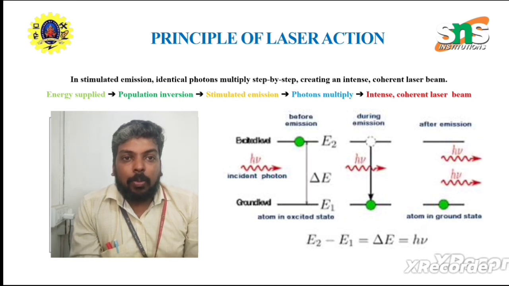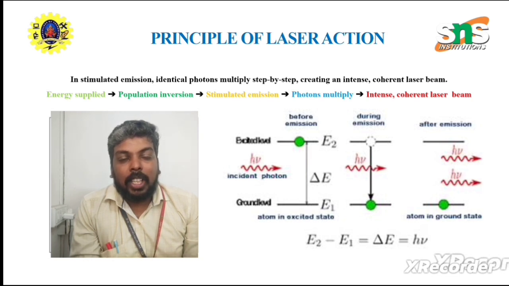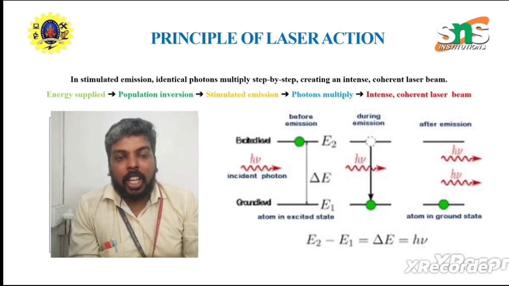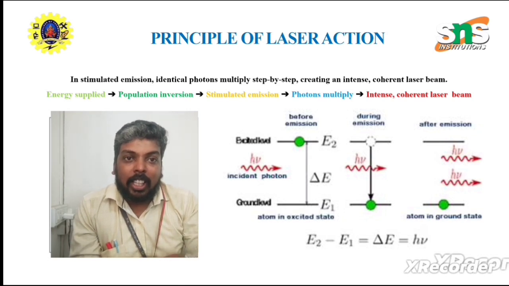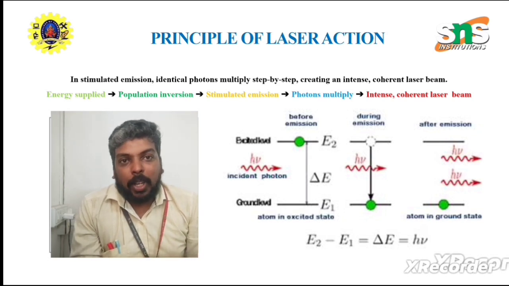But if we want to produce laser light, we have to stimulate the atoms from the ground state to the excited state, and then the emission produced will be in a highly dense manner. That is called laser light. That is the meaning of laser, light amplification by stimulated emission of radiation.